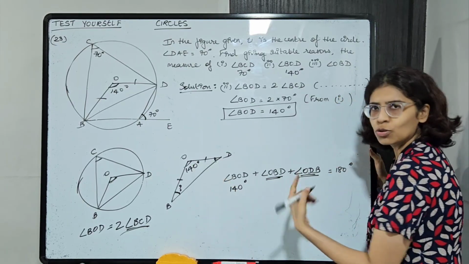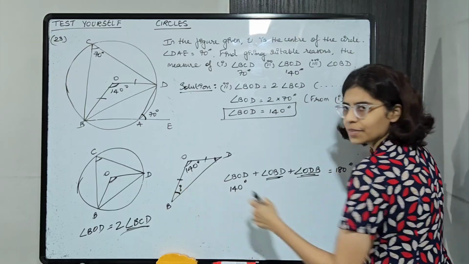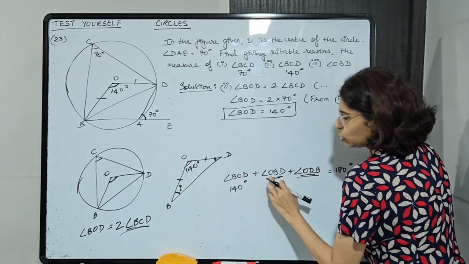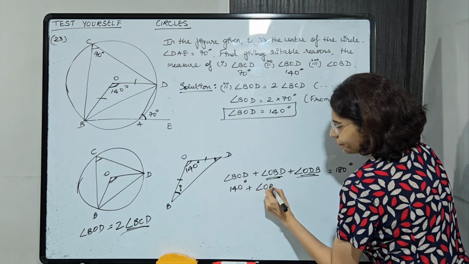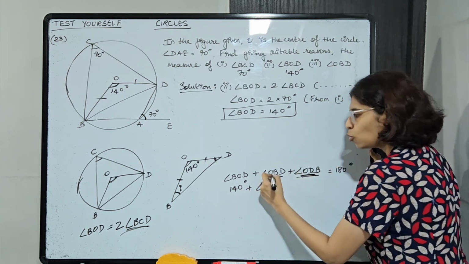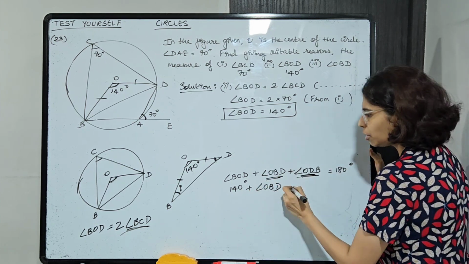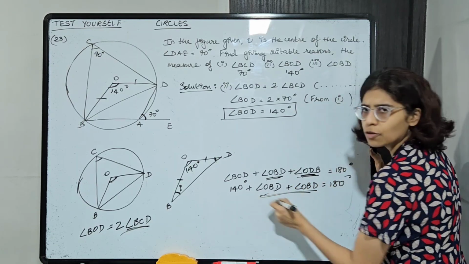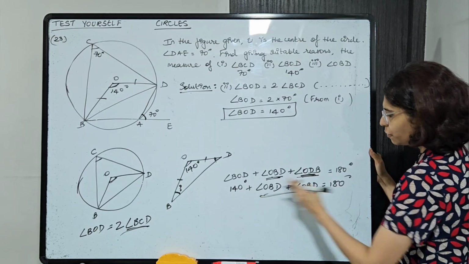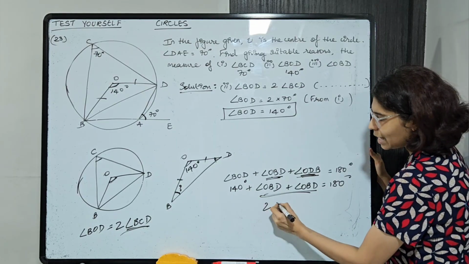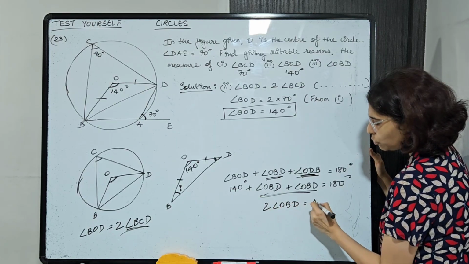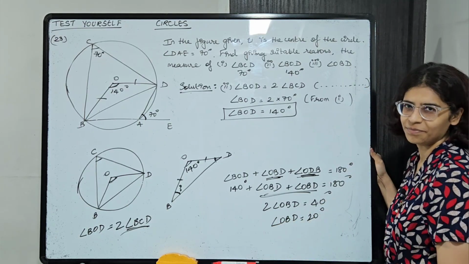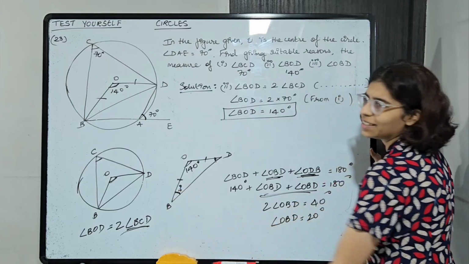OBD, ODB दोनों equal है, base angles हैं, equal sides के opposite angles हैं. Now I need to find OBD. तो OBD को as it is रखो, ODB की जगह पे मैं OBD put कर सकती हूँ because both are equal. Now solve. OBD का वैल्यू मिल जाएगा. Shift this over here, 40. So twice angle OBD is equal to 40, that is angle OBD is equal to 20. So this you will get as 20.